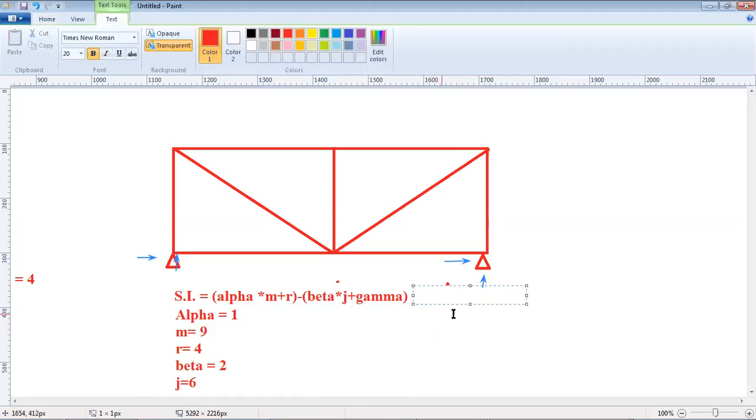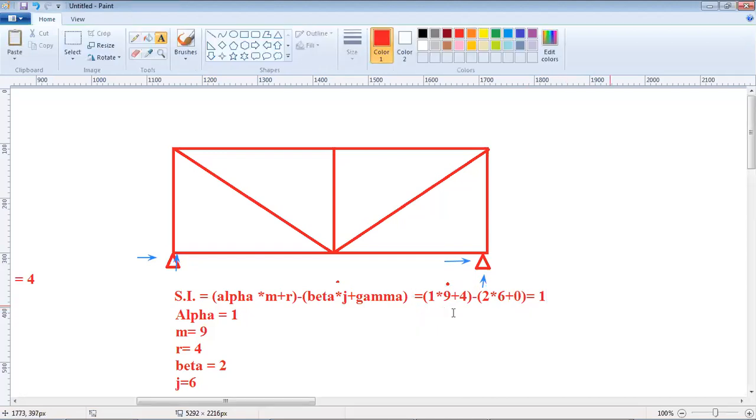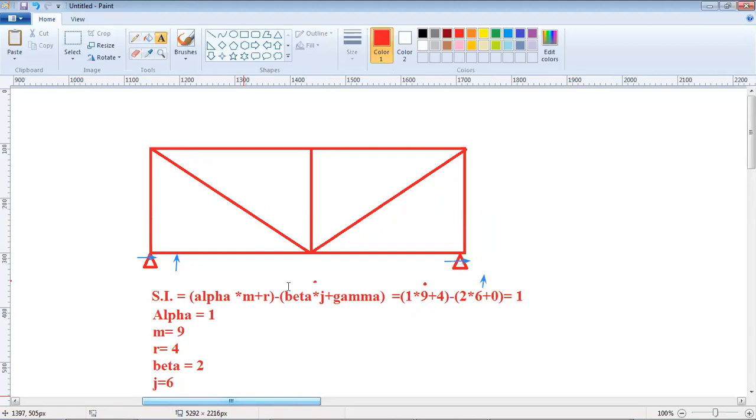So the value of SI here is alpha into M, 1 into 9, plus R 4, minus beta 2 into J 6, plus gamma 0. So overall it becomes 9 plus 4 is 13, 13 minus 12 is 1. So the static indeterminacy here is 1.